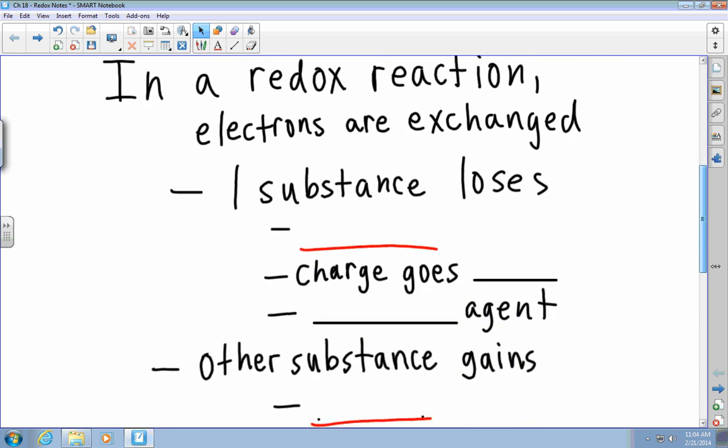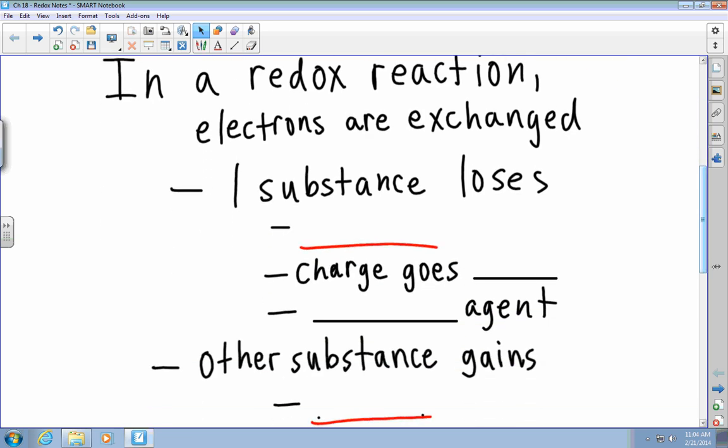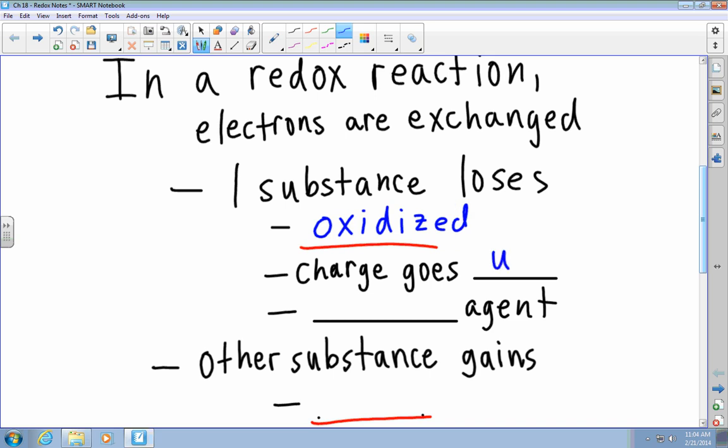The substance that's losing electrons in this case is our hydrogen, and the substance that loses electrons is oxidized, and the charge goes up because it's losing negative electrons, it's losing negative things, so it's becoming more positive.